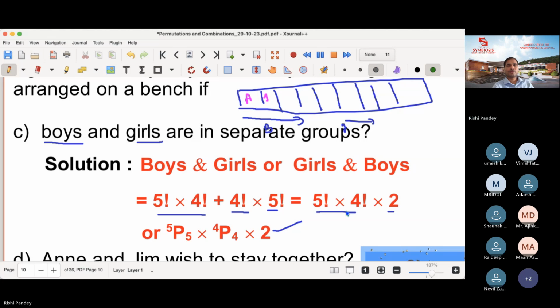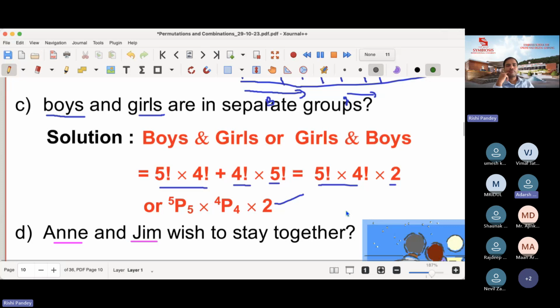Yes, sir. Tell me. Isn't it 5 factorial into 4 factorial, the whole bracket into 2? That is also right. The whole bracket is not required. Multiply is multiply. Okay. Done.